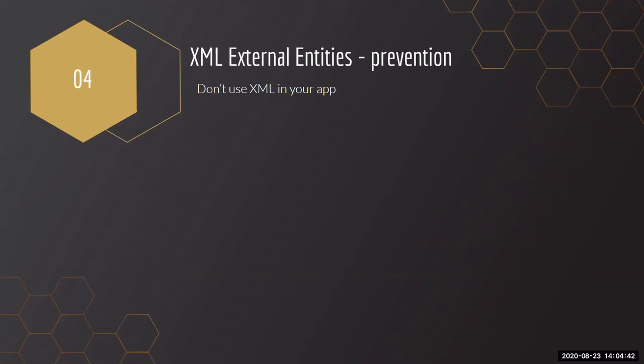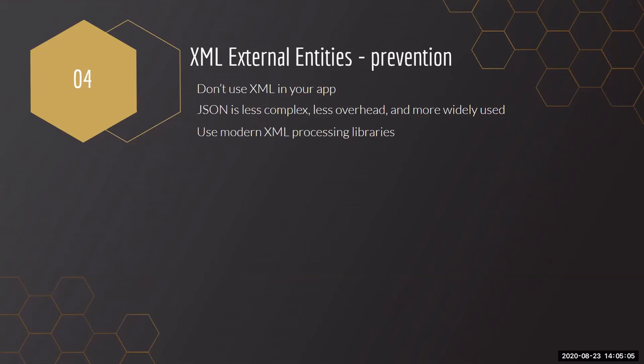XML isn't really the preferred transport type anymore. JSON is a lot more common these days. And that's for a lot of reasons, but another is just because this external entity vulnerability in XML doesn't exist in JSON. JSON is also less complex, with less overhead. It's just more widely used today.